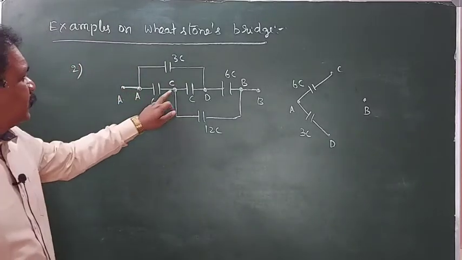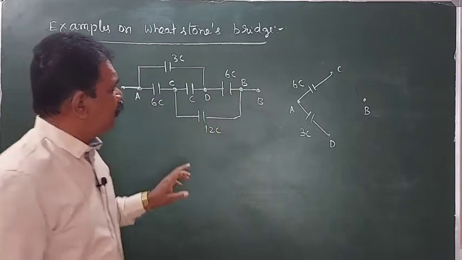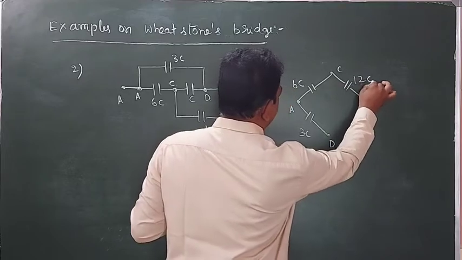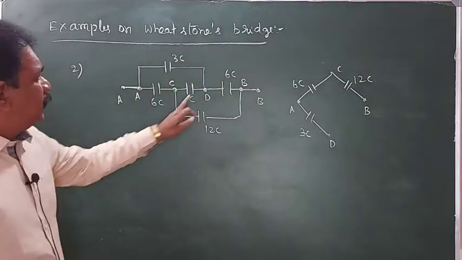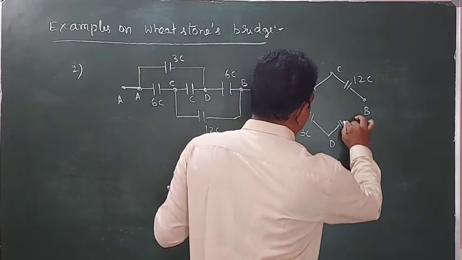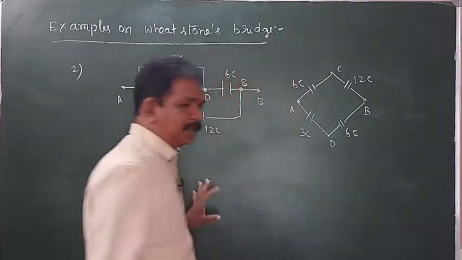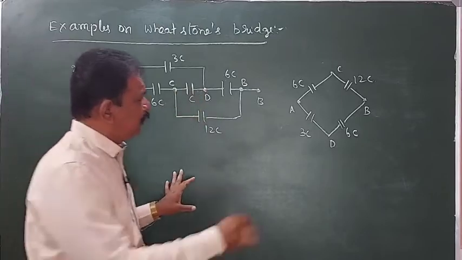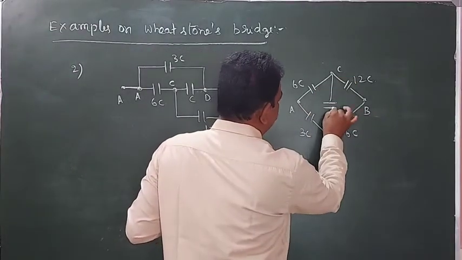Okay, next C to B, 12C is there. D to B, 6C is there. Clear understanding? D to B, 6C. C to D, C will be there.